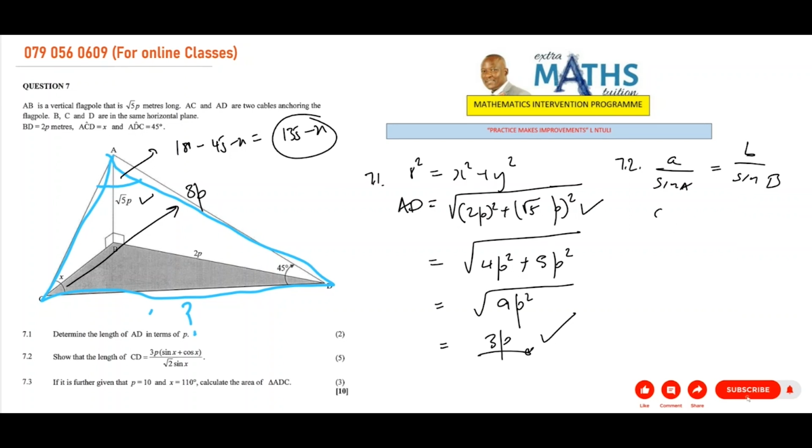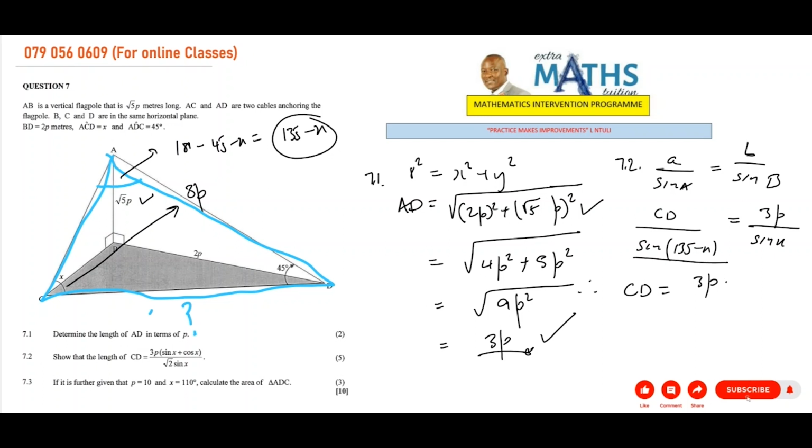Your unknown, which is CD over sine (135 minus x) equal to, what is your b? It's 3p over sine x. Cross multiply. Your CD is equal to 3p times sine (135 minus x) over sine x.